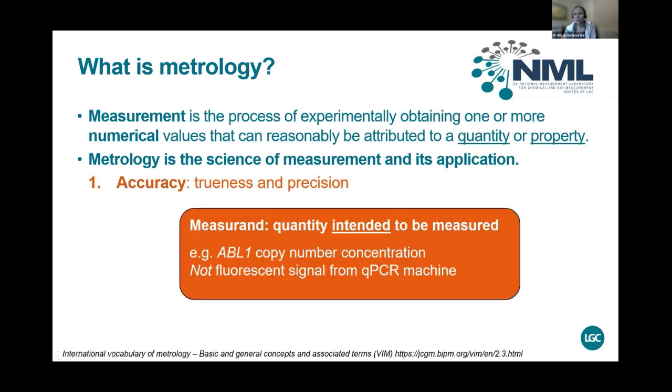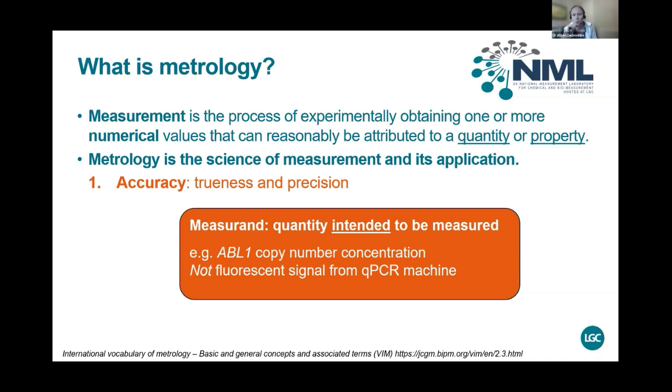So starting first of all on accuracy. Accuracy reflects both the trueness of the measurement, but also the precision of the measurement. One concept, which again is quite esoteric to metrology, is the concept of the measurand. This is the quantity which is intended to be measured. So this really goes back to the actual analyte that is the focus of the measurement.